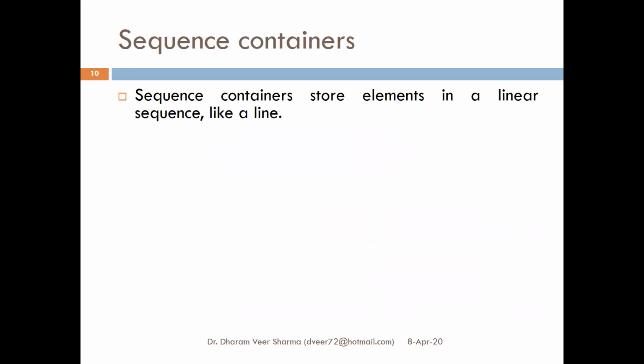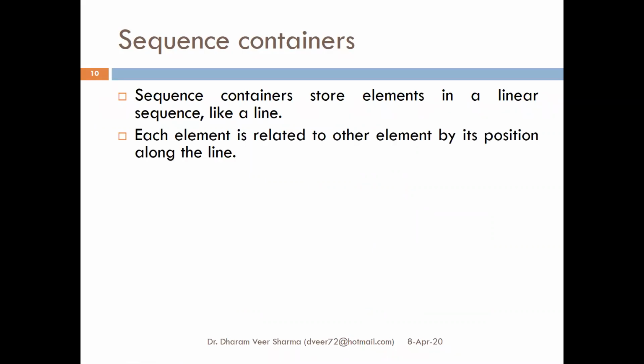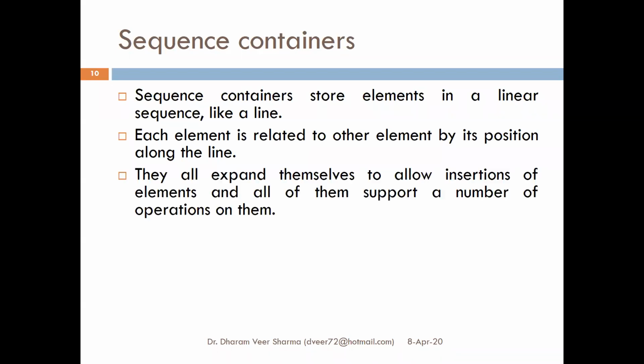Sequence containers: in this, the data is stored in a linear fashion, and each element is related to other elements by its position along the line. They all expand themselves to allow insertions, and those insertions may be in between, at the beginning or at the end, anywhere.